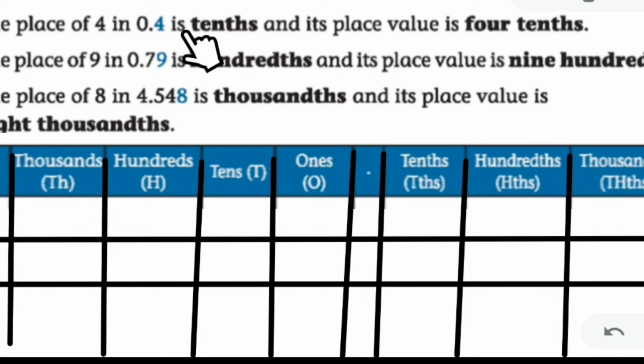Okay, so first we will write the numbers 0.4, 0.79 and 4.548. We should write all three numbers in the place value chart.